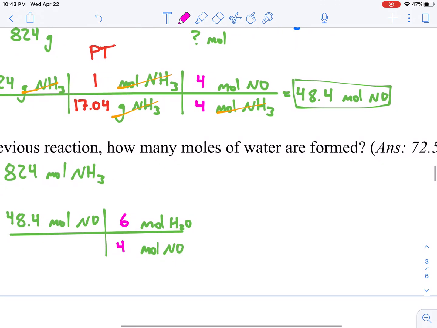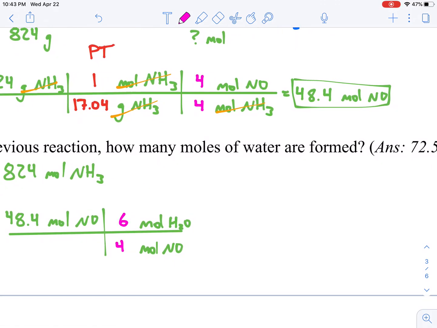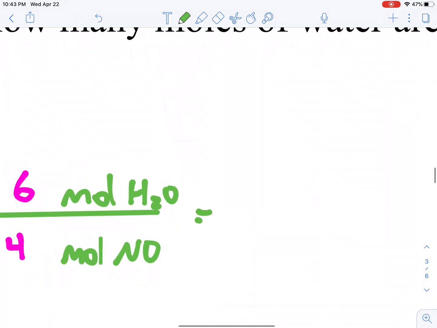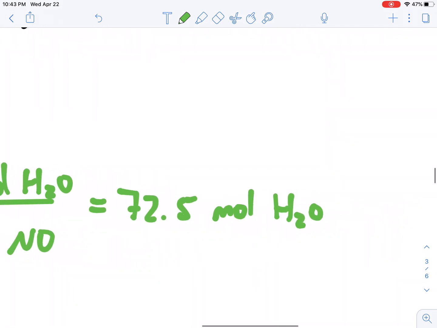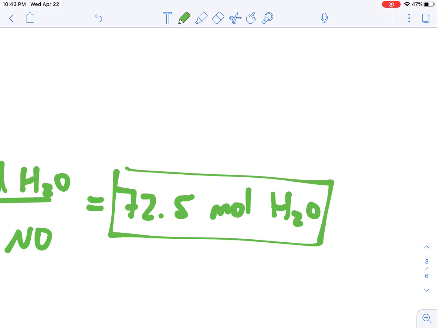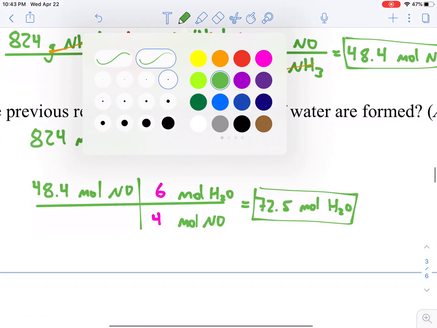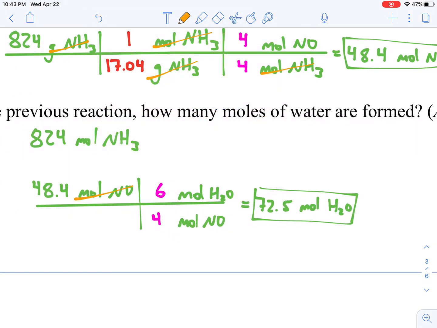And so if you do that math and you multiply those through, keep your sig figs the same, you start with 3 sig figs, you will get 72.5 moles of water. Final answer, you'll notice that our moles of NO cancel, so we can cancel those out, and we are good to go.